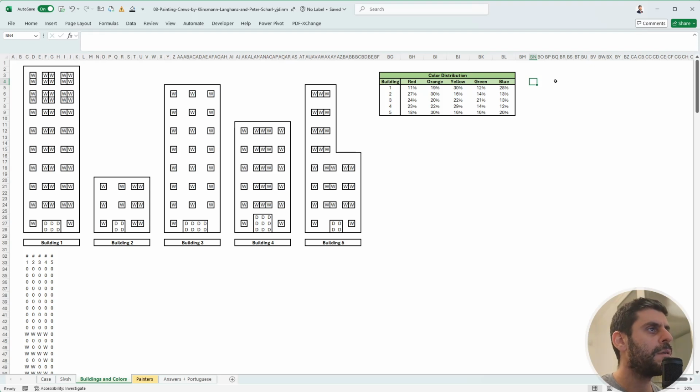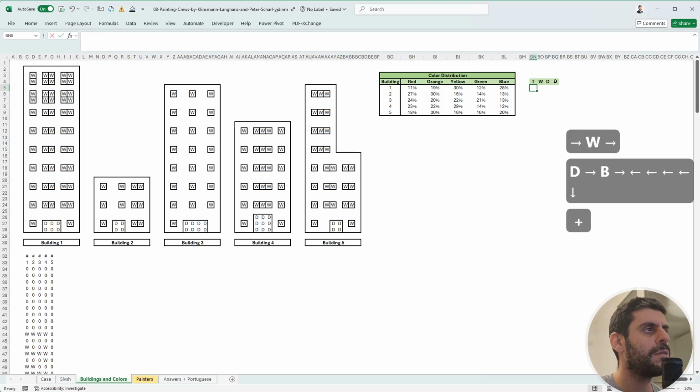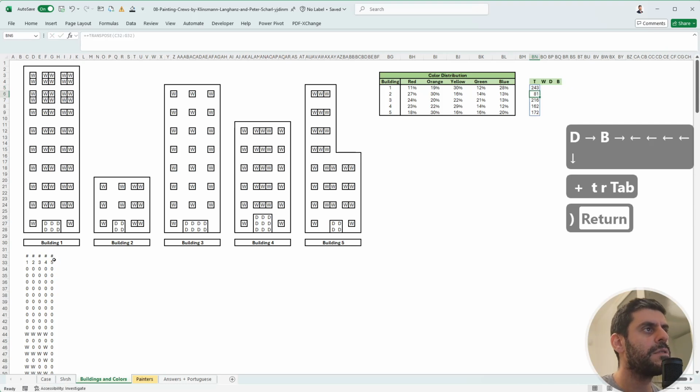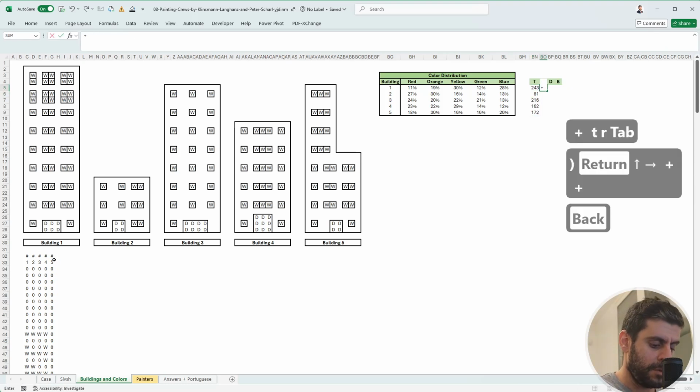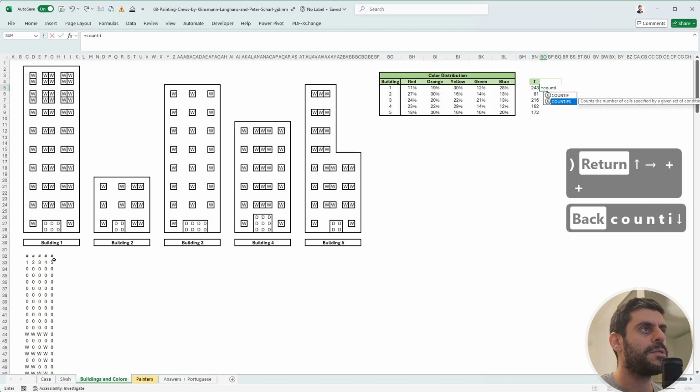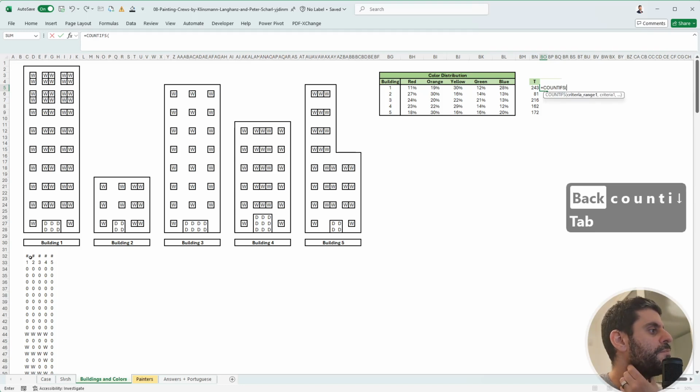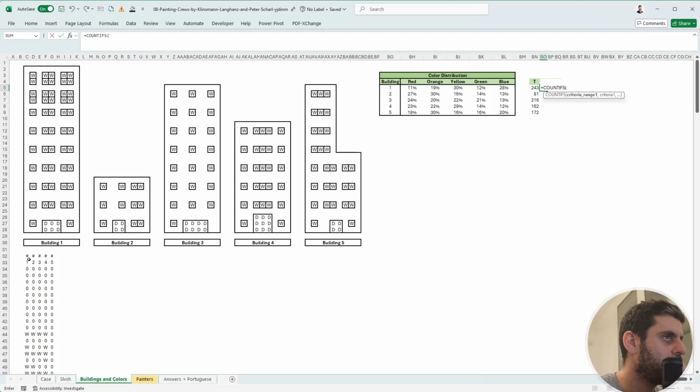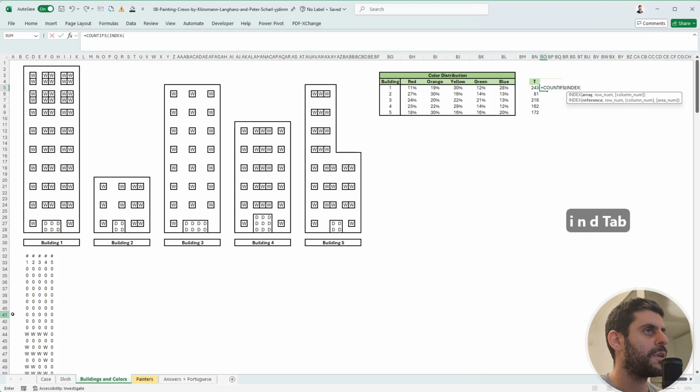Maybe total windows, doors, block. This is a transpose of this. This will be a count of... not sure it's gonna work.